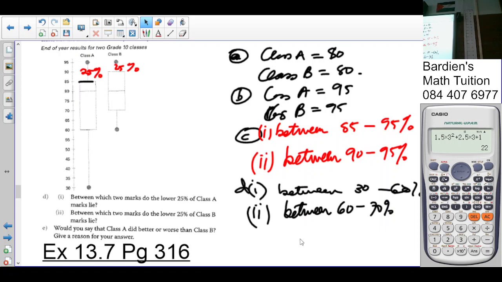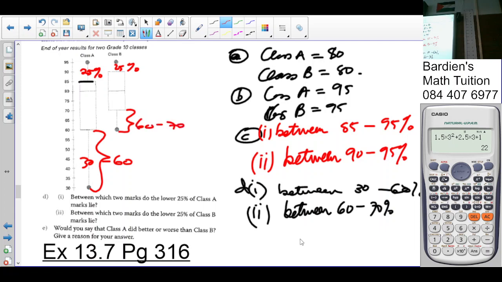Percentages are higher, but here we can clearly see that 25% of the data is lying between 30 and 60. And their lower quartile value, or the 25% of the lower set, starts at 60 to 70. Can you see that, people? So definitely class B is doing much better. Okay?